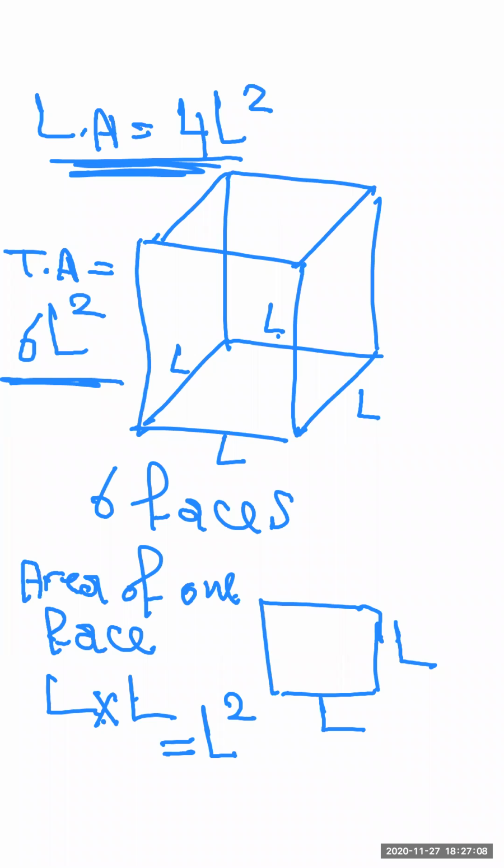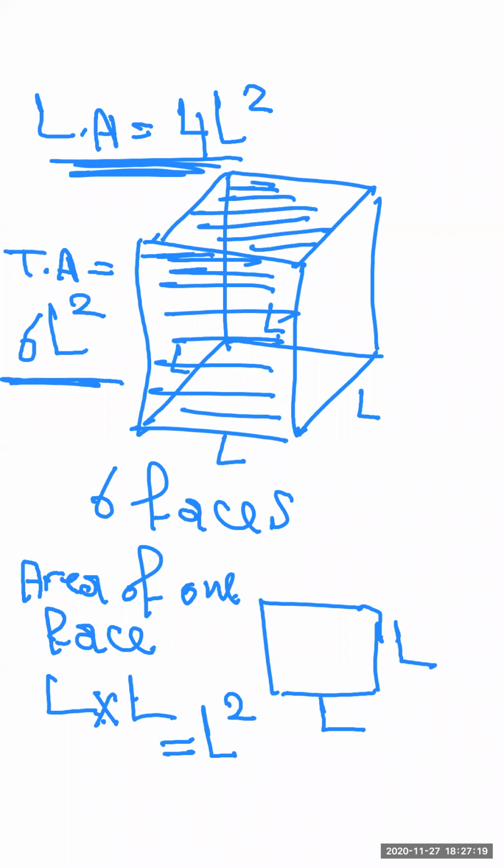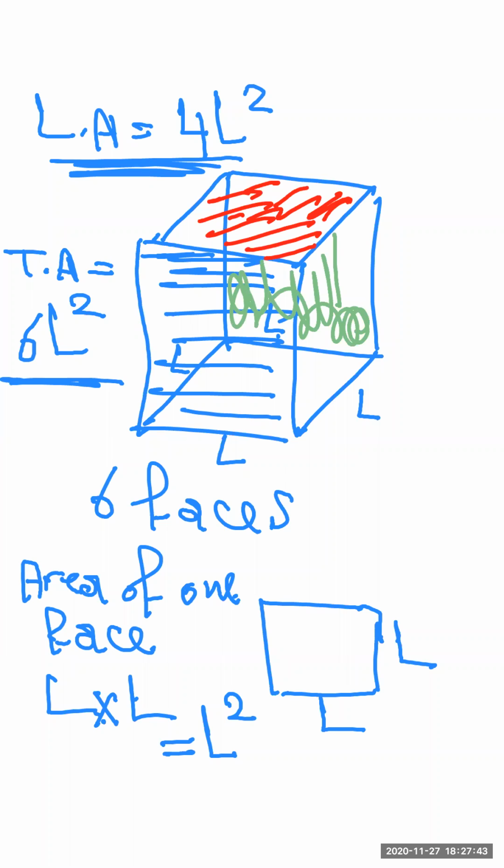Okay? Mister, what is the meaning of lateral area? Lateral area means the area of the faces. Just 1 second, I will change the colors. If this one is blue, like this, then this one is the second face, then that one is the third, then the one on the base, which is this one.